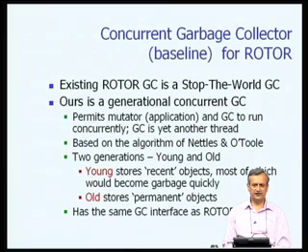The young generation stores recent objects, most of which would become garbage very quickly. The lifetime of these objects which reside in young is very small. That is the basic idea. So, possibly temporary objects which are created, or possibly nodes which are created in the linked list and get deleted very quickly, and so on and so forth.